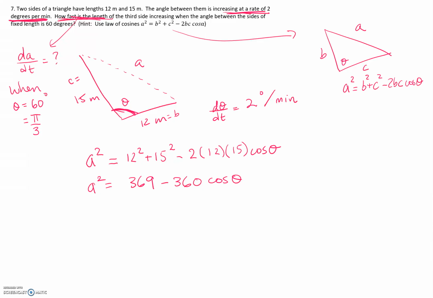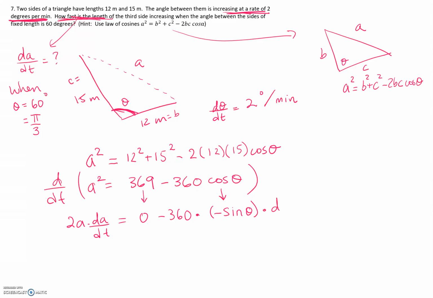Now we're ready to differentiate both sides with respect to time. So we'll have 2A dA dt, because A is changing with respect to time. This constant goes to 0. Then we have negative 360 times this guy, which goes to negative sine theta.